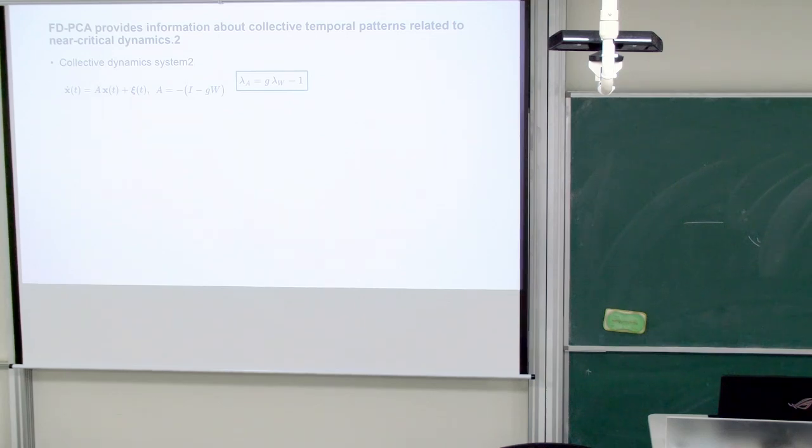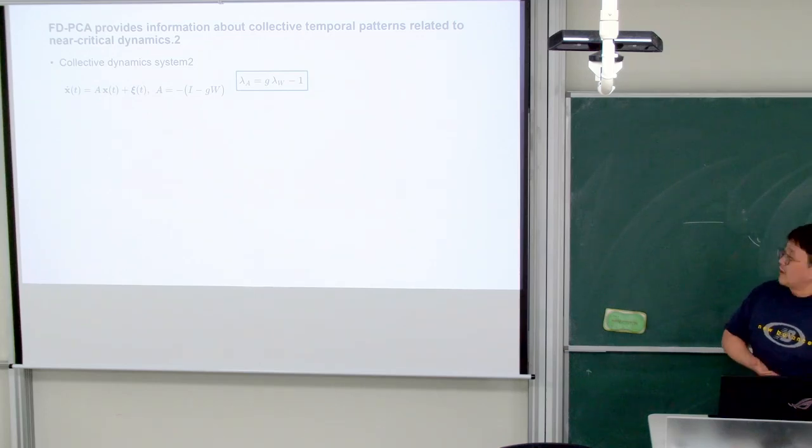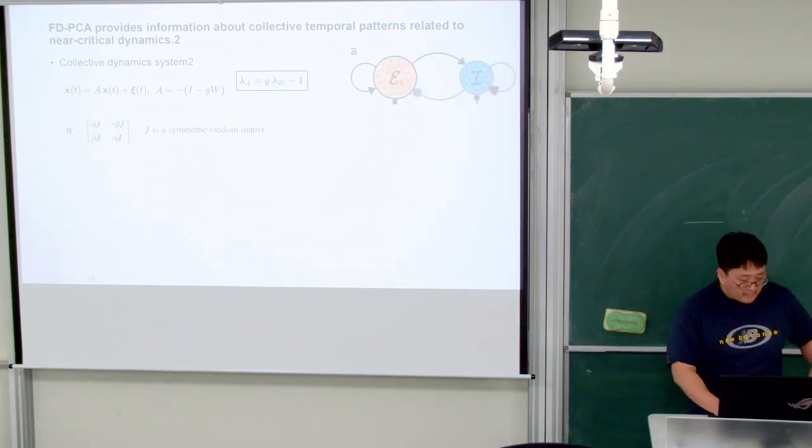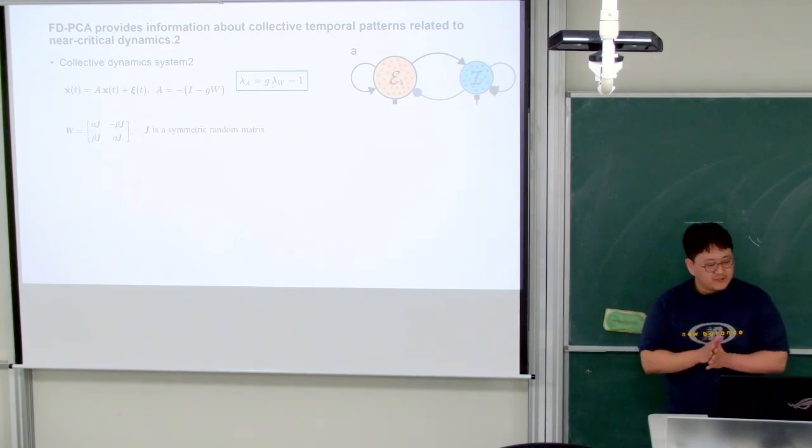Here, if these two matrices satisfy this condition, commutable, then the eigenvalue of these matrices is, right? Then this eigenvalue of A has a relationship with the eigenvalue of W. Then, okay, let's consider this system.